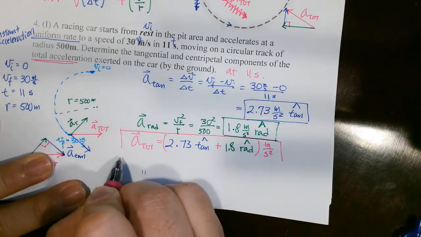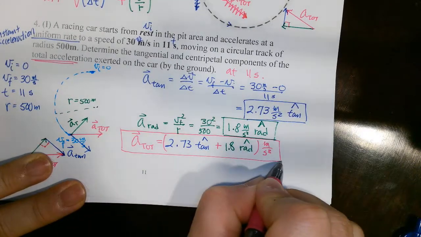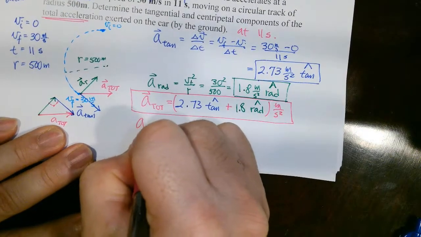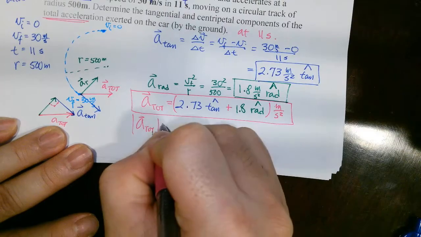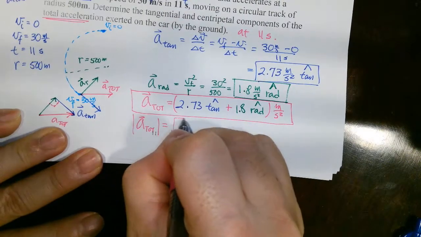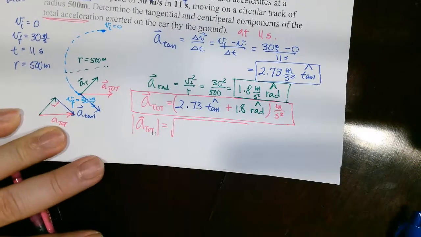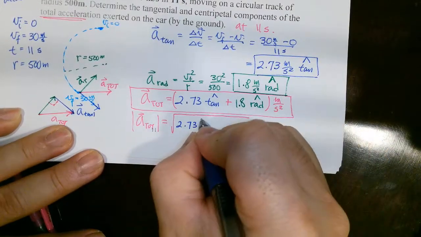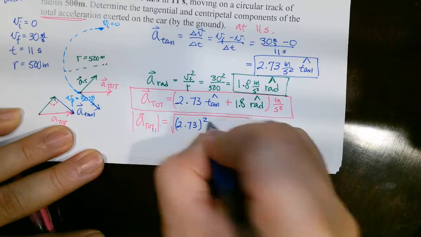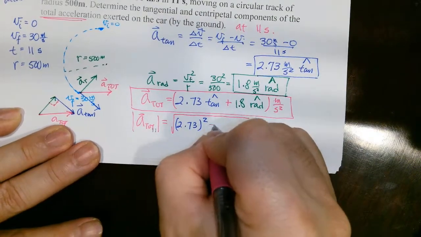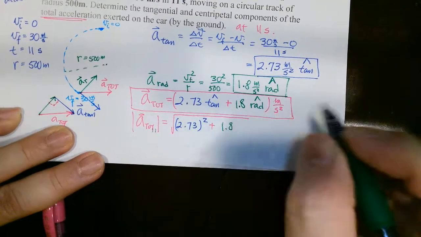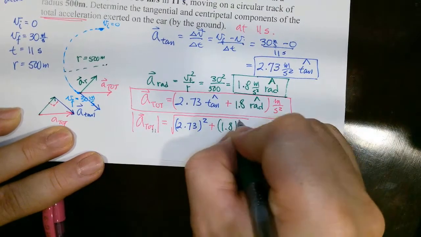Now let's take one step further. What is the magnitude of this A total? Well, that is simply the square root of 2.73 squared plus 1.8 squared.